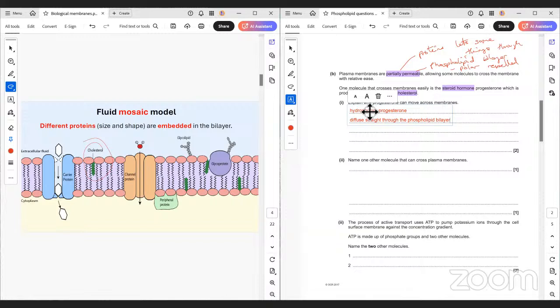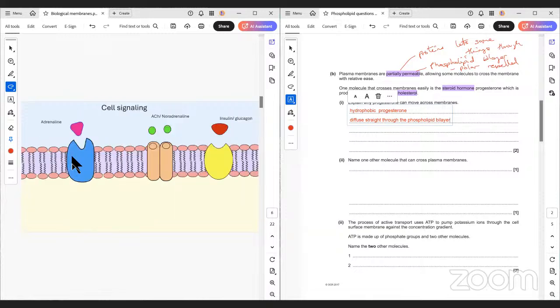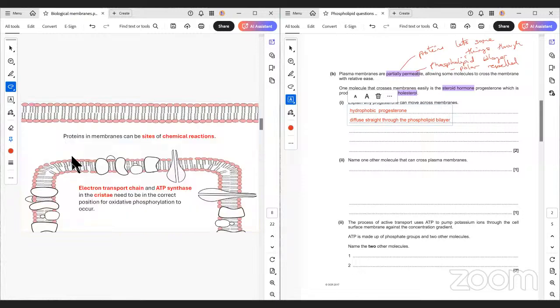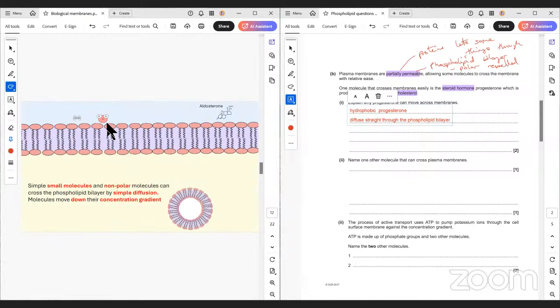Name one other molecule that can cross the plasma membrane. Let's have a look here. We're talking about the movement of substances through the membrane. So what do we know? If it's a small molecule or a non-polar molecule like progesterone, one other molecule that can cross the plasma membrane could be carbon dioxide, or we might want to say oxygen, because these are small molecules.